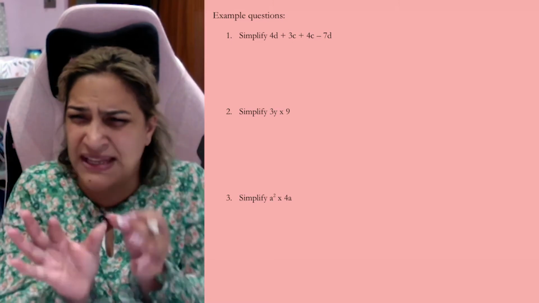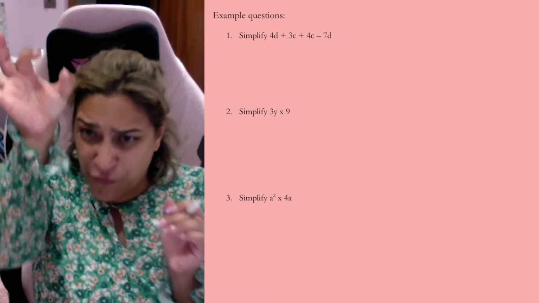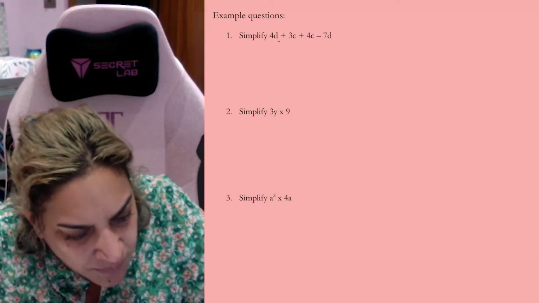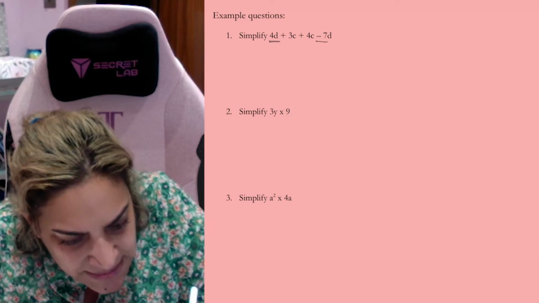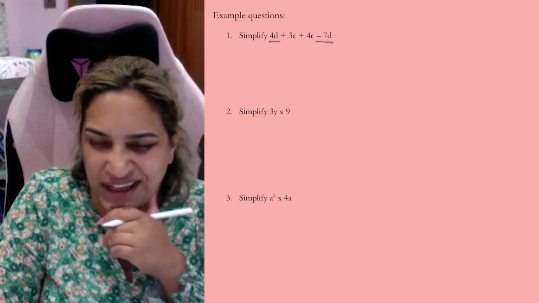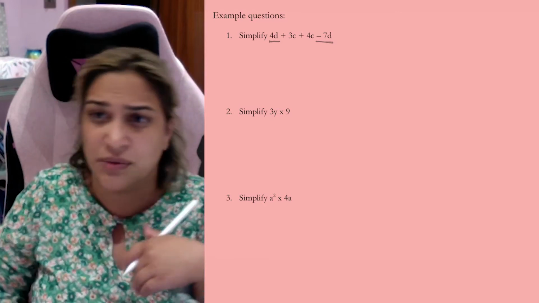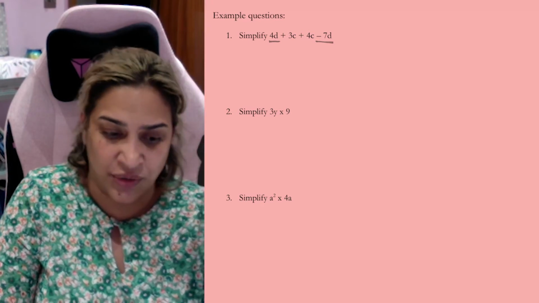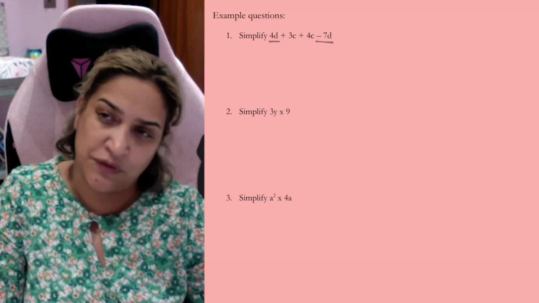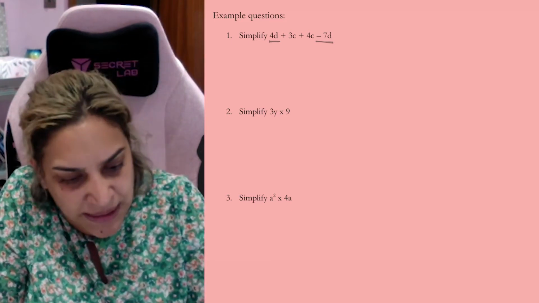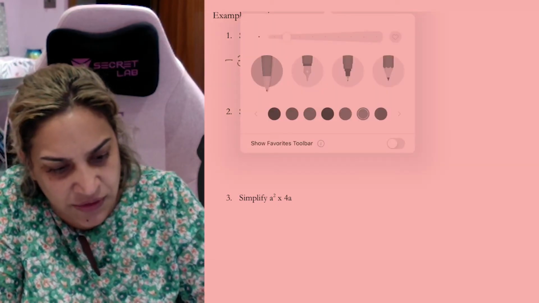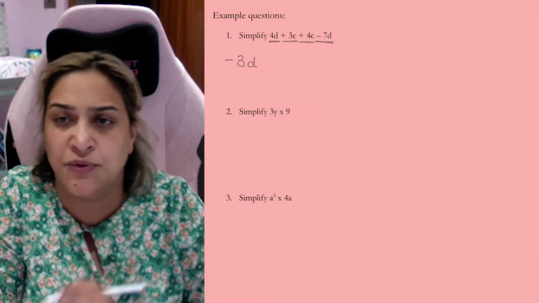The important thing is that the sign, the bit in front of the letter, called the coefficient, belongs to it. In this case, the 4 belongs to that D, and the minus 3 is also a D. So 4 take away 3 gives us D. Then you've got your next one, 3C plus 4C.